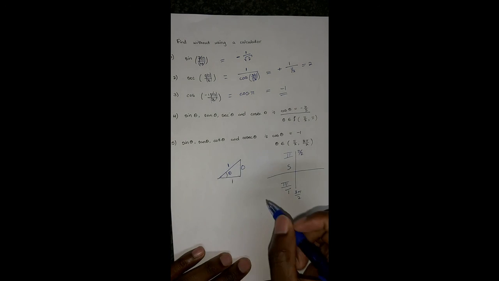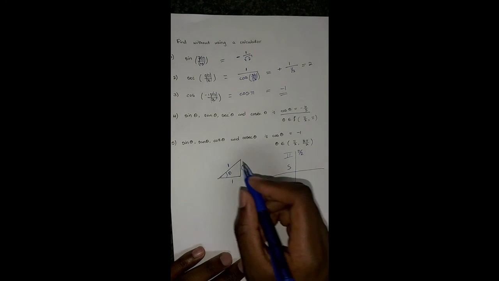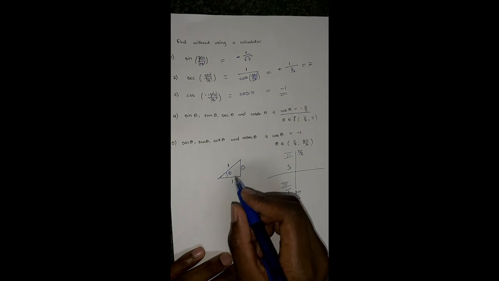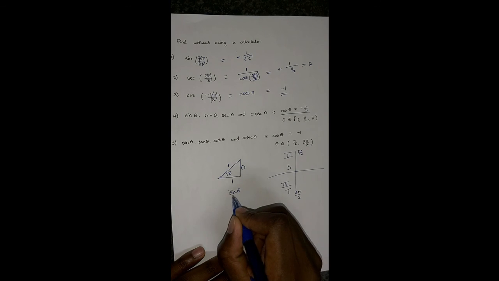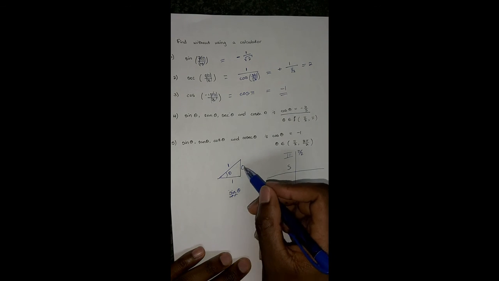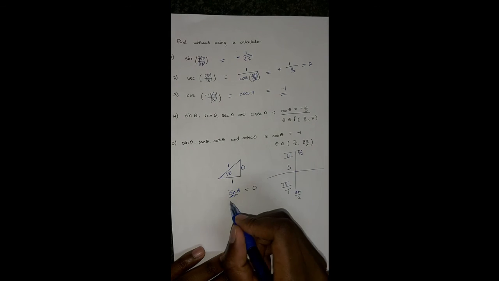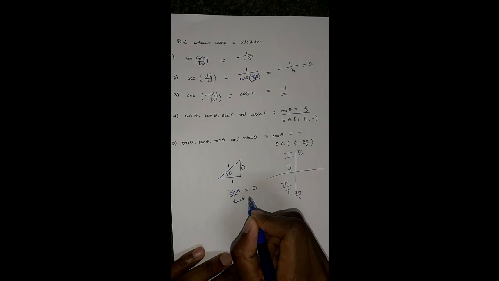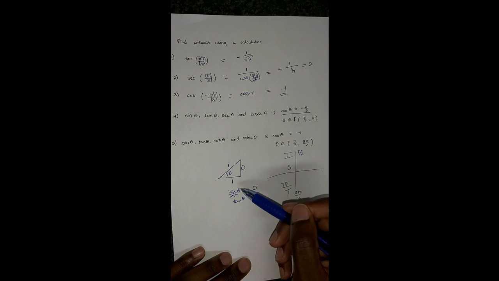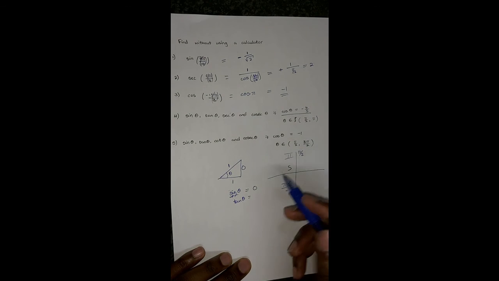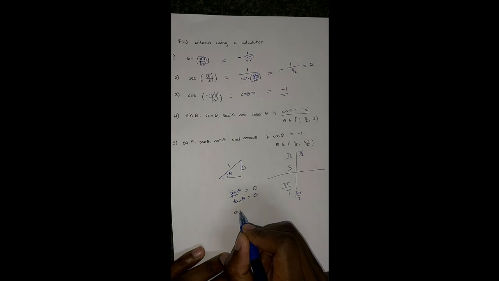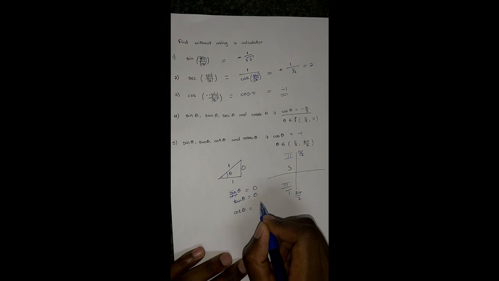And then sine theta is opposite over hypotenuse. So it's 0 over 1, so it's just 0. Then tan theta, which is equal to sine theta over cos theta, is 0 over -1, so it's 0 as well. And then cot theta is equal to 1 over tan theta.